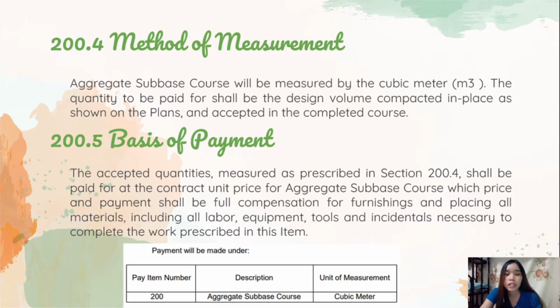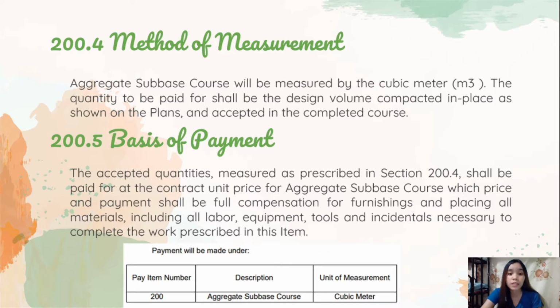No allowance will be given for materials placed outside the design limits shown on the cross sections. Trial sections shall not be measured separately but shall be included in the quantity of the subbase herein measured. Next is the basis of payment.